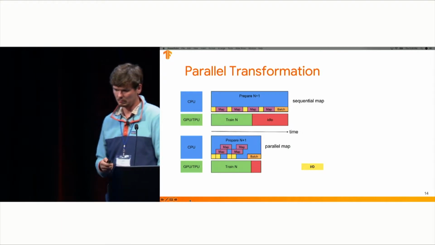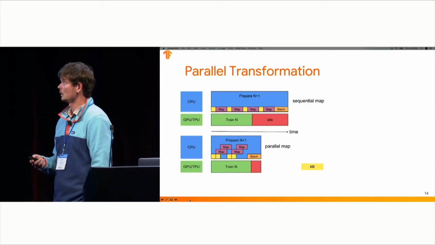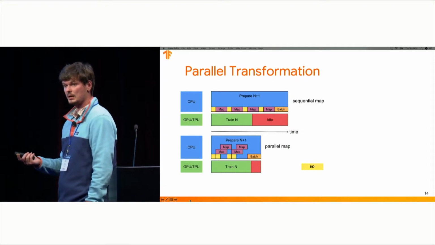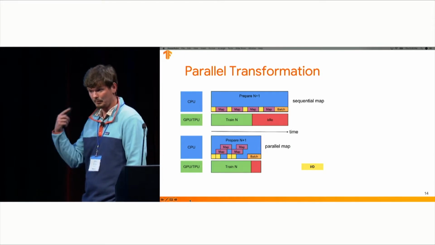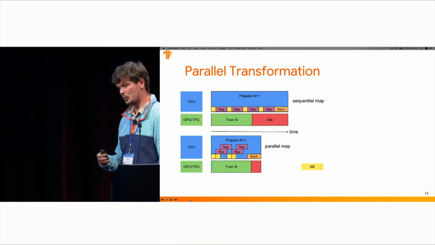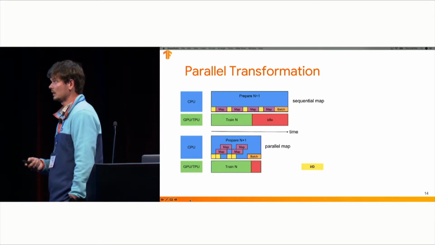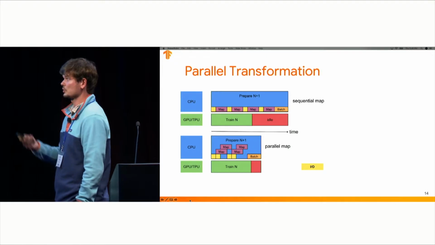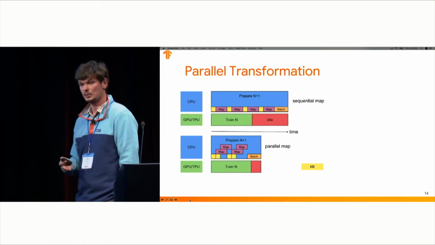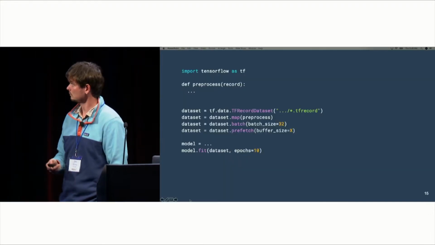The second common practice that we recommend for TF-data users is to do transformations of your data in parallel. So in the example we were looking at earlier, we're processing the elements of the input data set one at a time. But if there are no data or control dependencies between the processing, you can just parallelize the processing, thus reducing the step time needed for the pre-processing itself.